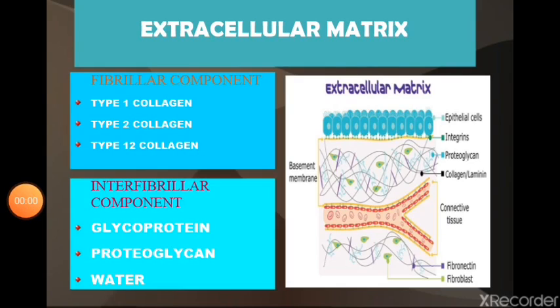Now let's move on to extracellular matrix. Extracellular matrix comprises a fibrillar component and an interfibrillar component. Some examples of fibrillar component are type 1 collagen, type 2 collagen, type 12 collagen. Some examples of interfibrillar component are glycoprotein, proteoglycan, water.